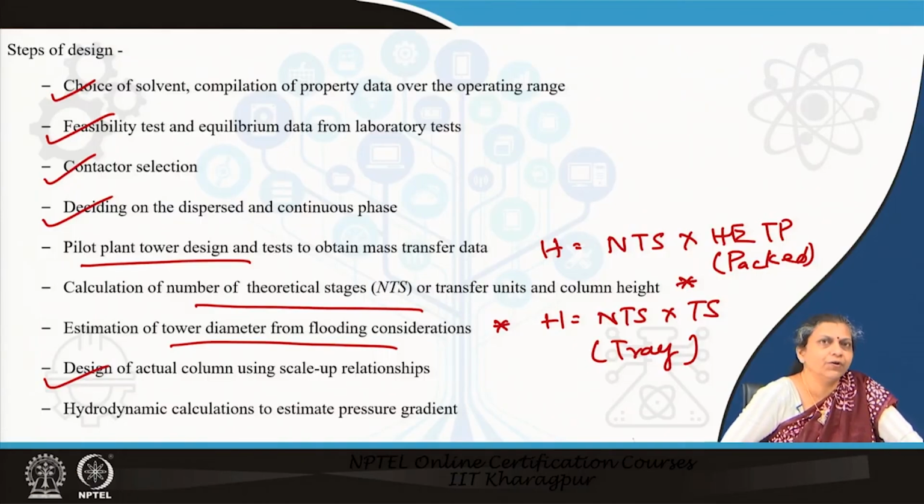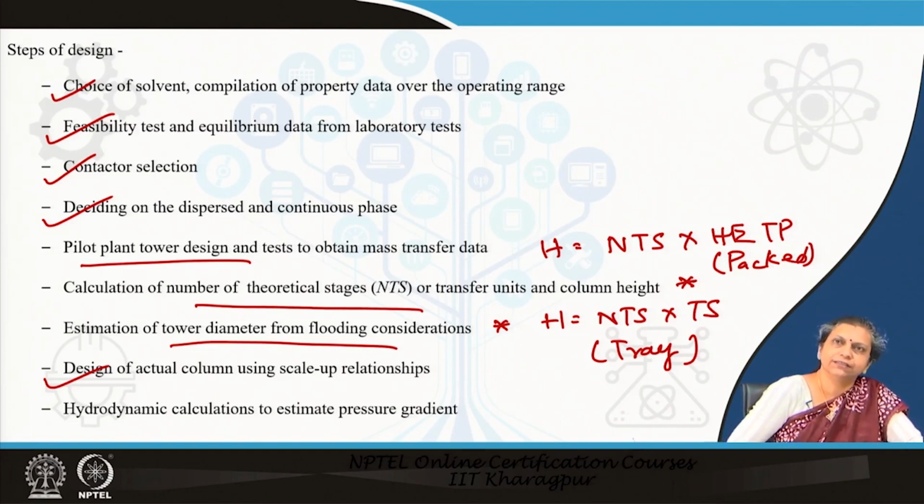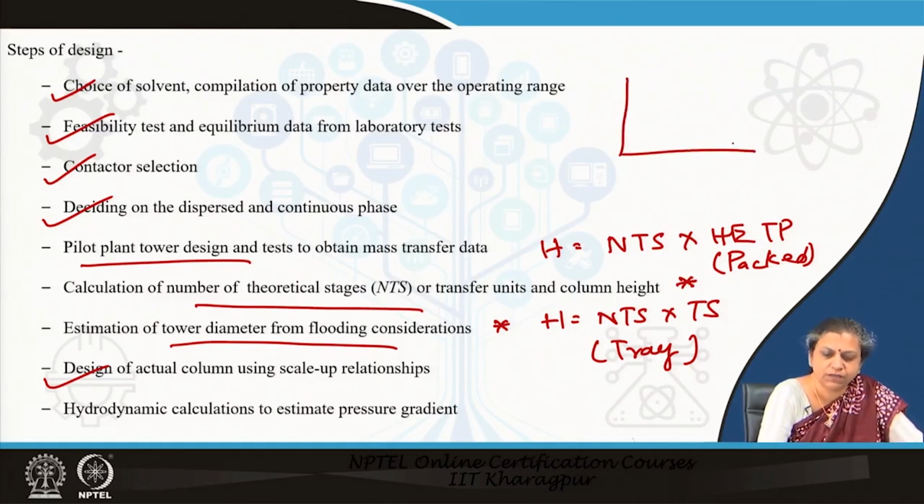Now, regarding the number of theoretical stages, I would also like to remind you that when we had discussed gas liquid, vapor liquid contacting, what did we do? We had constructed the equilibrium curve, we had constructed the operating curve, and after we had drawn the two curves, if you remember, in this particular way. After that we had this is the line.